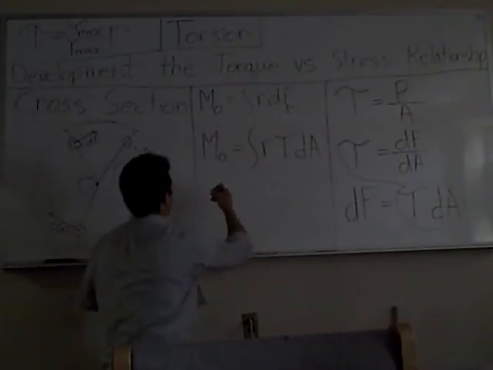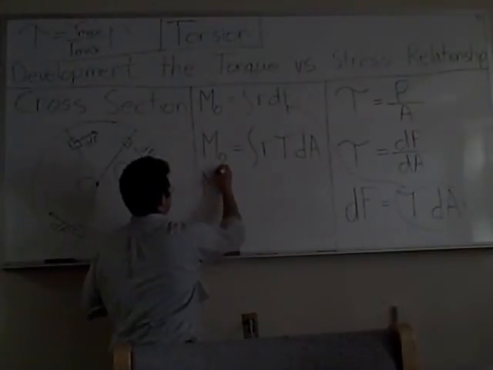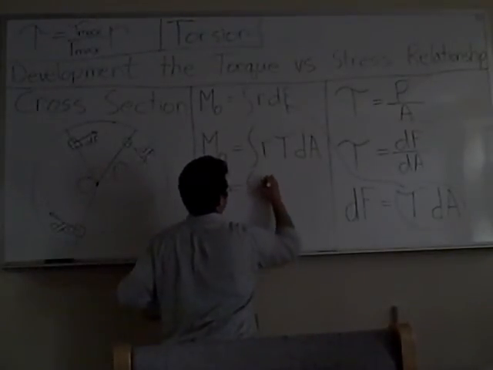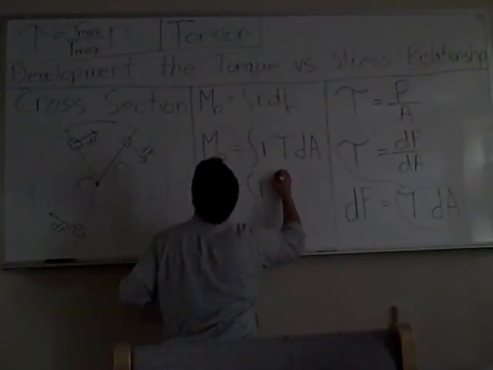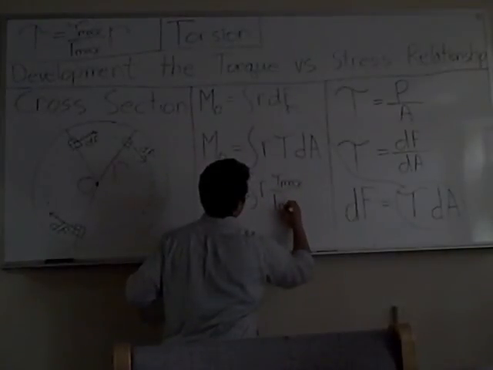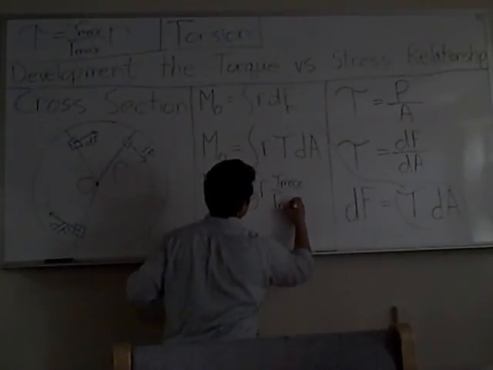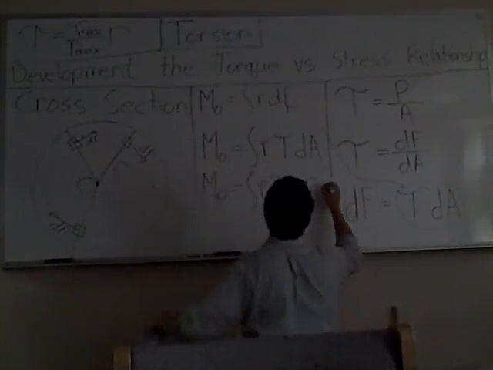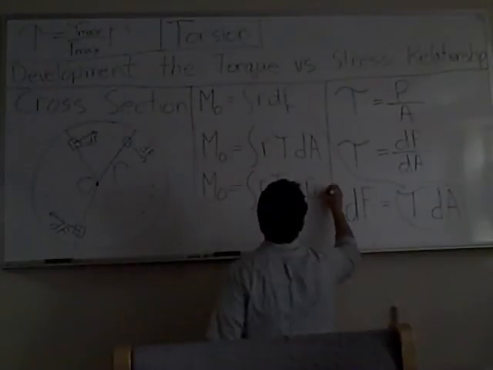And so we can substitute that in, and we have our moment equals the integral of our radius times our maximum stress over our maximum radius times our distance from the center, dA.